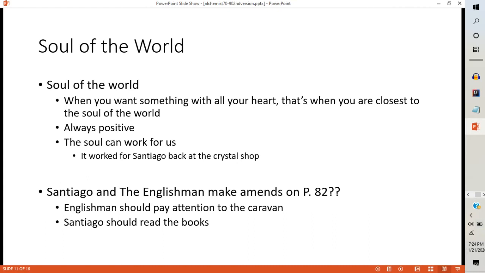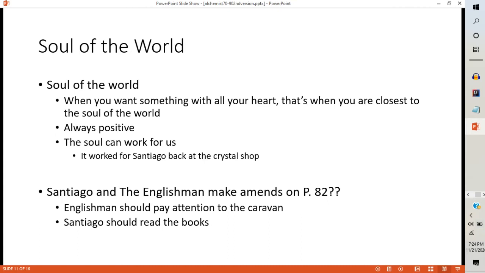And it seems like Santiago and the Englishman talk a little bit at night. Seems like Santiago informs the Englishman of all the great business that they brought in at the merchant shop. The Englishman gets pretty interested in that.